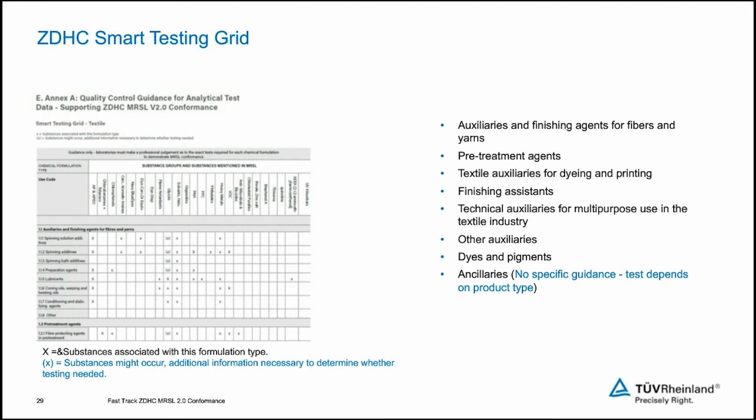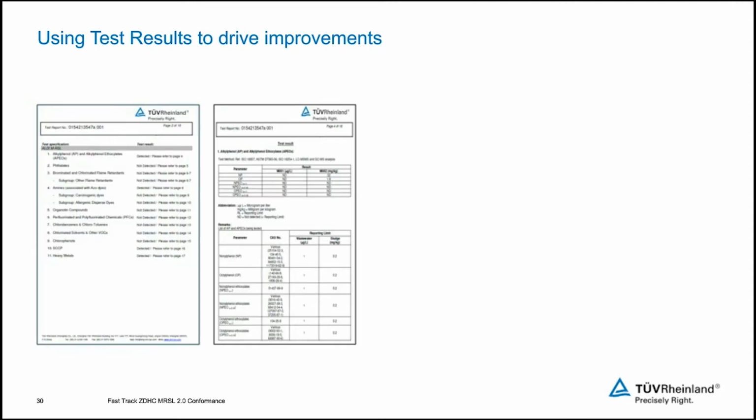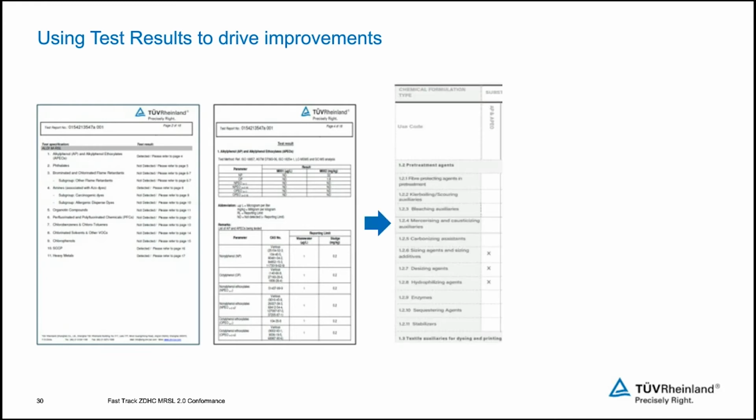Most factories are doing wastewater testing, and we can use the SMART testing guideline as a tool to find the root cause. For example, with the wastewater testing results, we can find the APEO. And with reference to the SMART testing guideline, APEO could appear in some products, such as the sizing agent.